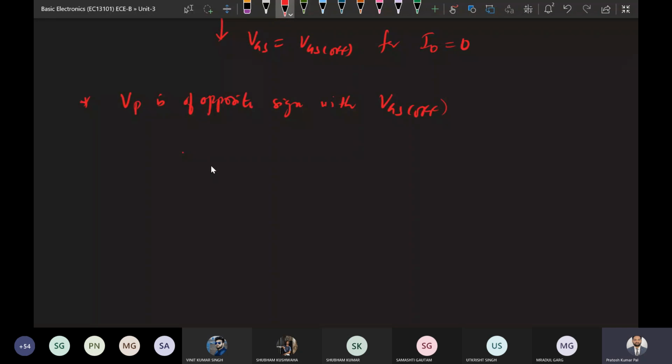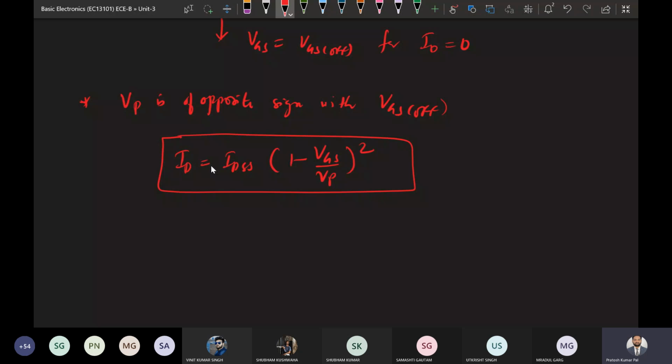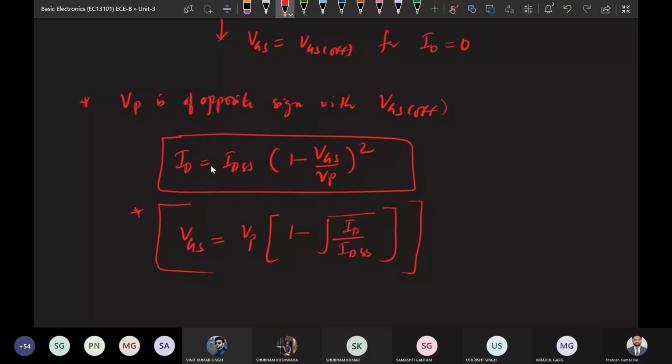Once we have ID equals IDSS times (1 minus VGS by VP) to the power 2, from there, if we want to find the gate to source voltage VGS, by transposing we get VGS equals VP multiplied by (1 minus the square root of ID divided by IDSS). So this is the relation of VGS.